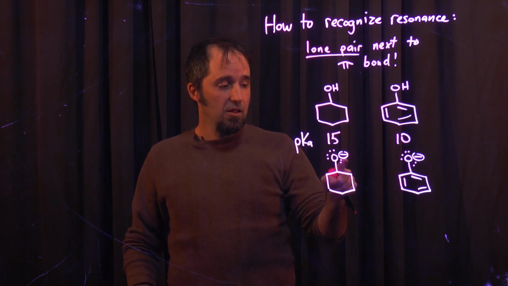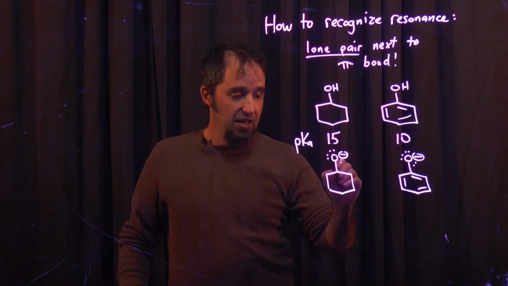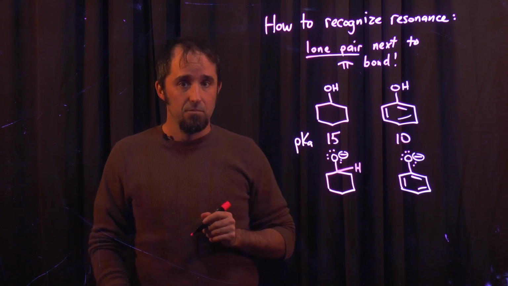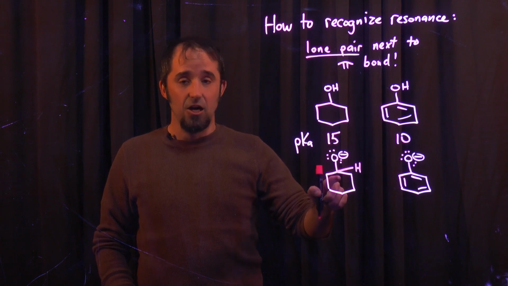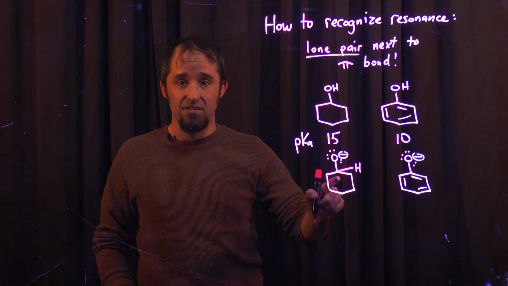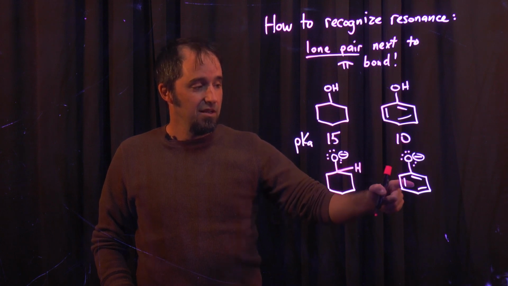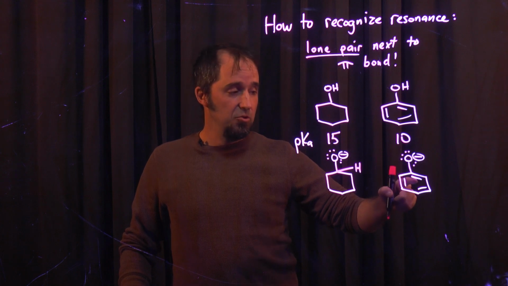So here, this minus charge is stuck on this oxygen. There's actually a hydrogen on this atom that we usually skip drawing, but it's still there. There's no way for me to, say, push charge onto this carbon because this carbon already has 4 bonds. And as the theme song tells you, carbon takes 4 bonds, not 5. So here, though, I have a lone pair next to a pi bond.